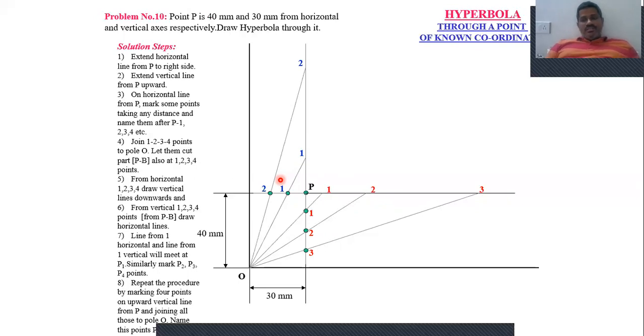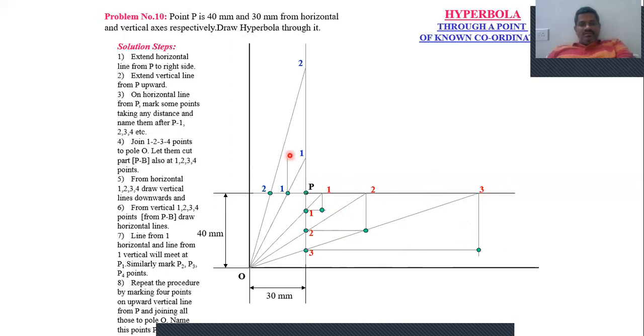After locating 1, 2 like this, and the points on the extended lines, drop the vertical and horizontal lines from the same located points. So just like this, drop a vertical line, drop a horizontal line from the respective points. From the vertically divided division points, draw the horizontal, and from the extended line, drop the vertical line like this.